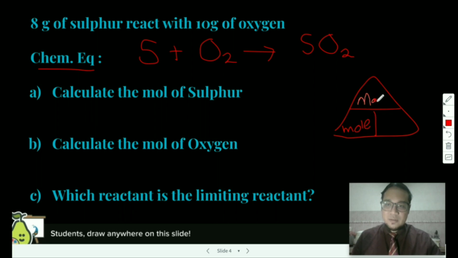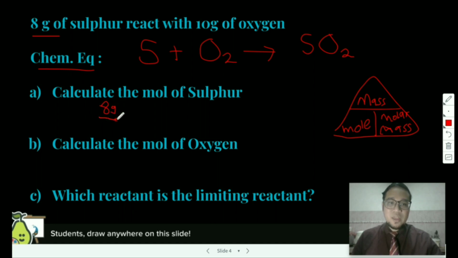mass over molar mass. Given to you, the mass of sulfur is 8 gram.